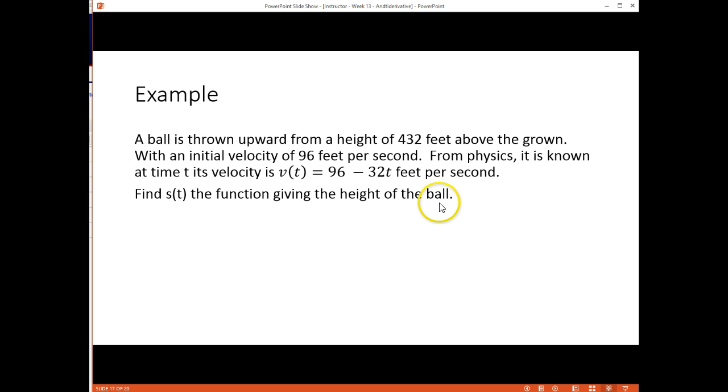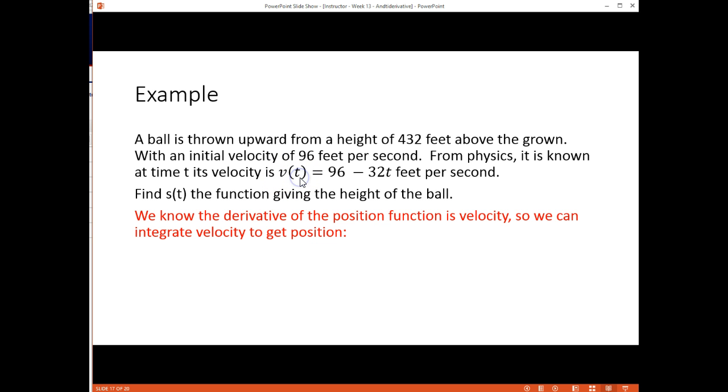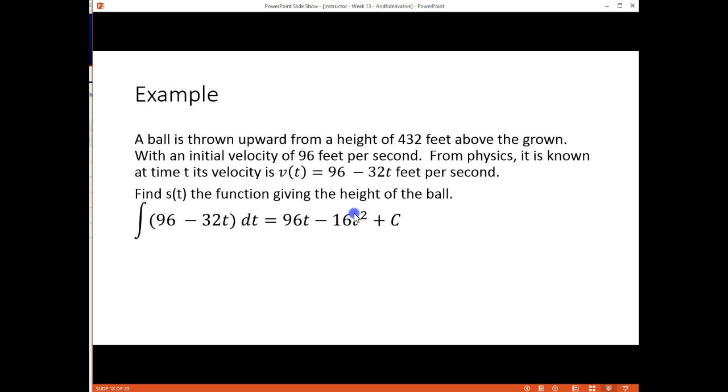Well, what's really nice about this is we were already given situations like this where we're given the position, the height of the ball, and we took the derivative to get the velocity. So the opposite holds. We know the derivative of the position function is velocity, so we can integrate the velocity to get the position. So let's take our velocity function, v of t is 96 minus 32t, and let's take the integral of that.